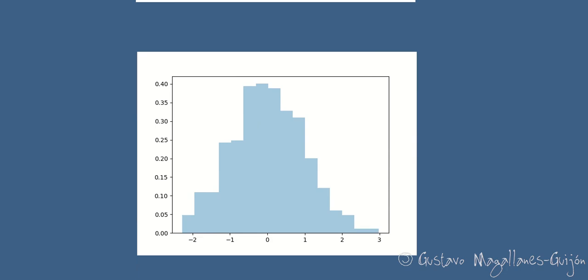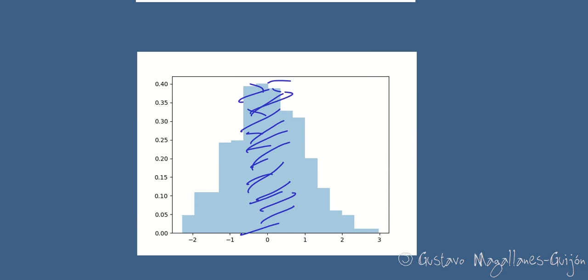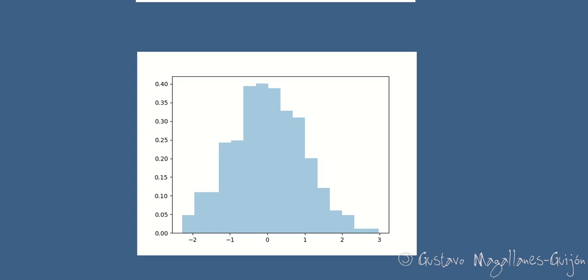In this plot, we can see that the majority of data is in this zone. In this other zone there are data, yes, but there are more in this zone. This is the utility of our histogram. But we can plot a line that fits our histogram.